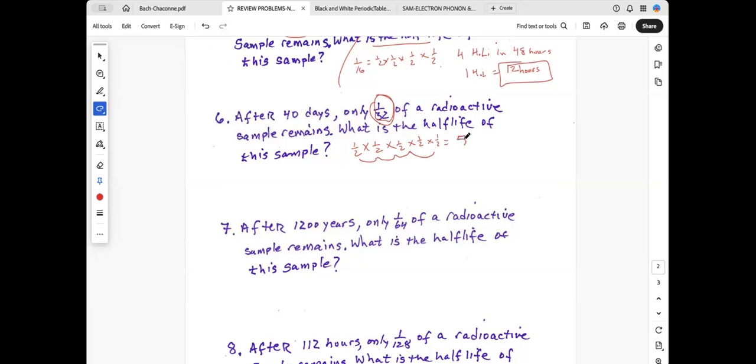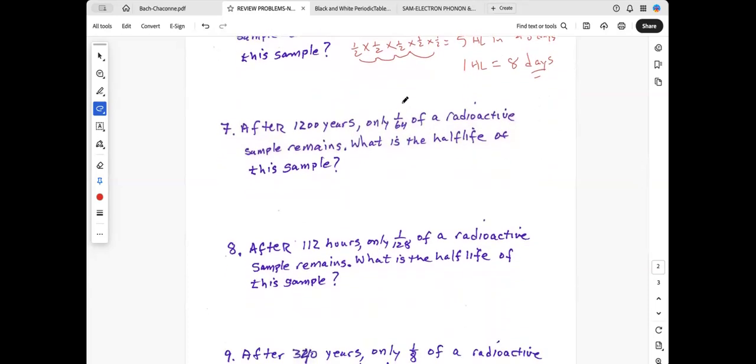So that's 5 half-lives in 40 days. So therefore, 1 half-life, just divide by 5, equals 8 days. See, these are pretty easy. All right, next one, keep going.